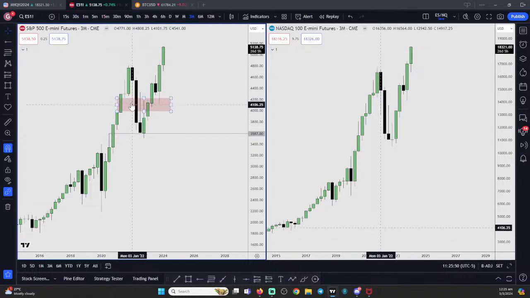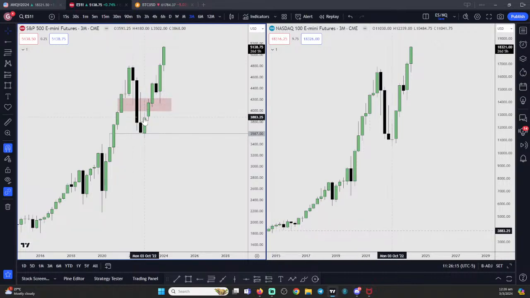Okay, so why is this a balanced price range? Because price reacted off the consequent encroachment of this fair value gap before, and the next quarter it closes below, right? And then moving on to the next quarter, we have price trading up all the way into this bearish order block, but did not manage to close above this old fair value gap.